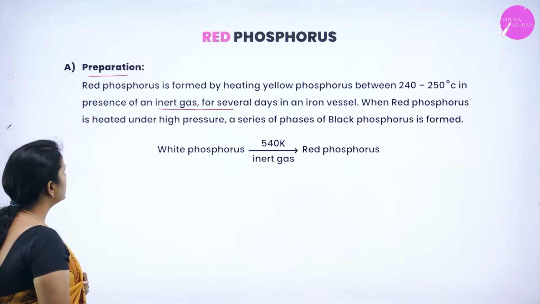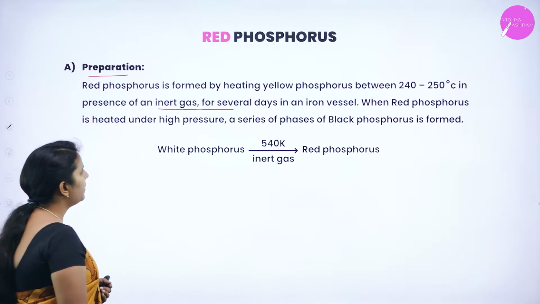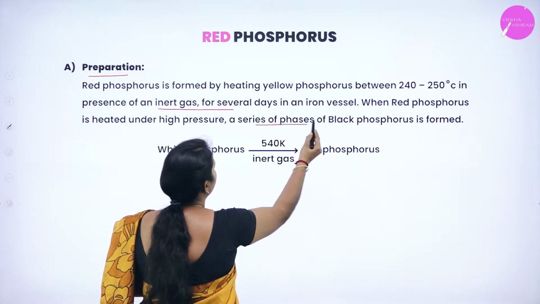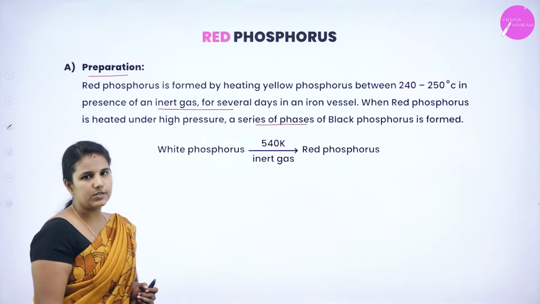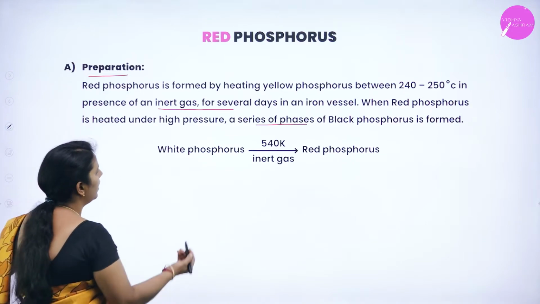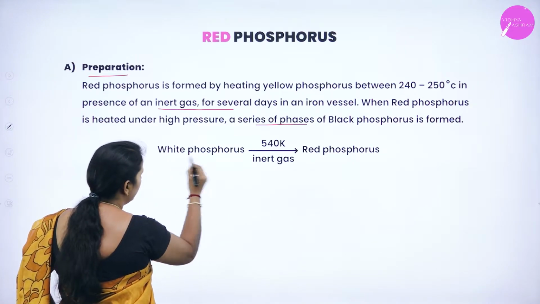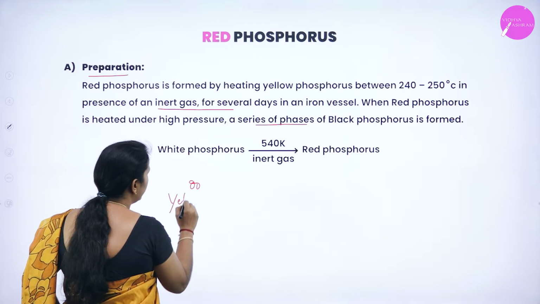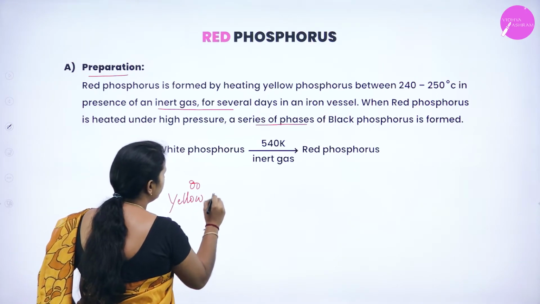Then red phosphorus is heated under higher pressure and a series of phases of black phosphorus will be formed. Remember, you can take either the white phosphorus or yellow phosphorus.